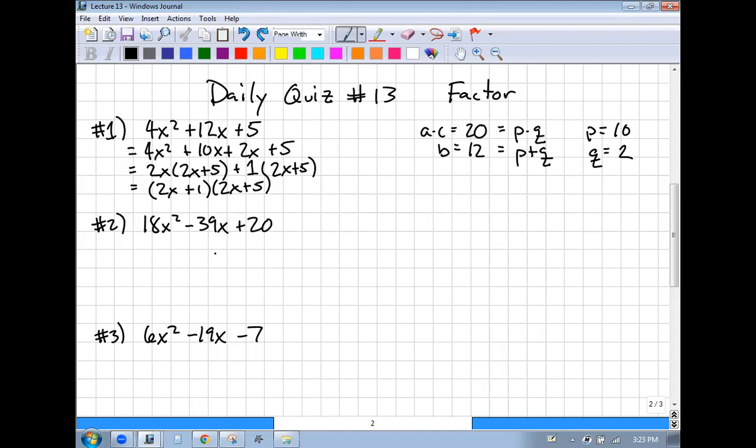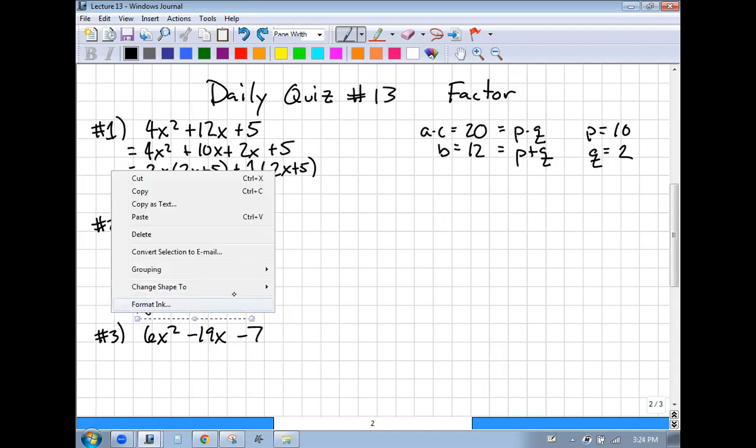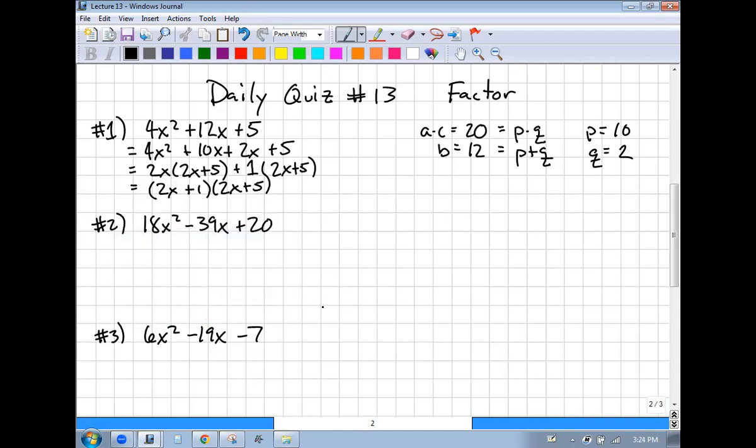So that sucks, we can't simplify it. We could do our guessing game, but there's a whole lot of numbers that divide 18. We could have a 6 and a 3, or an 18 and a 1, or a 2 and a 9. And then we have to look at all the combinations that would go with 20. There's a whole lot of combinations, so guessing would just suck.